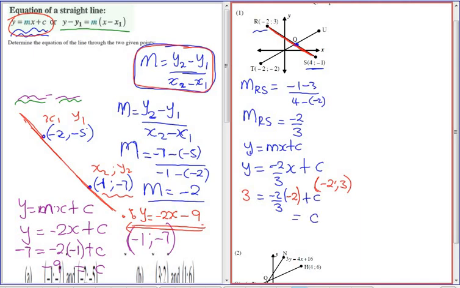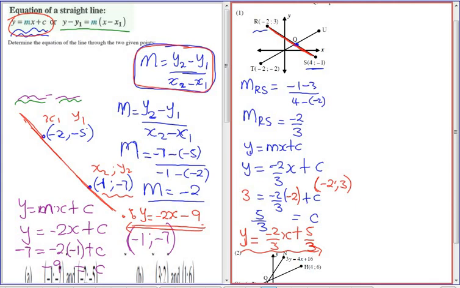If you use your calculator wisely or even your good head, this is +4/3, so you have to say 3 minus 4/3. That is what you're going to end up with. As you can see, that will give you 5/3, isn't it? So definitely the equation of the first line will look like this: y = -2/3 x + 5/3. So we managed to get the equation of RS.